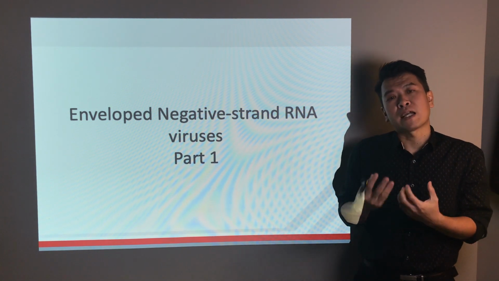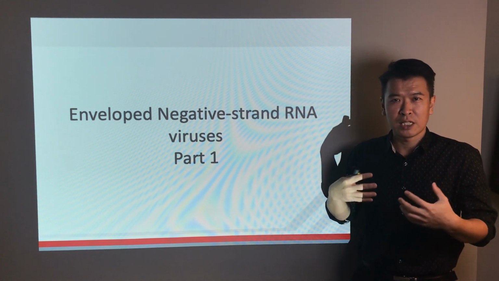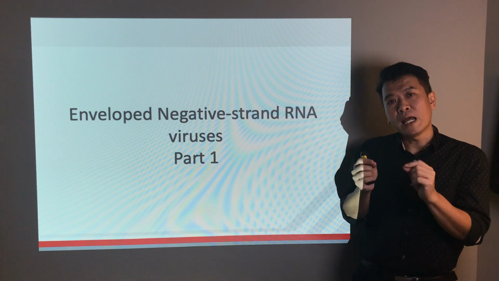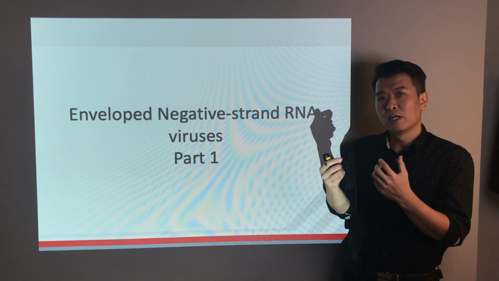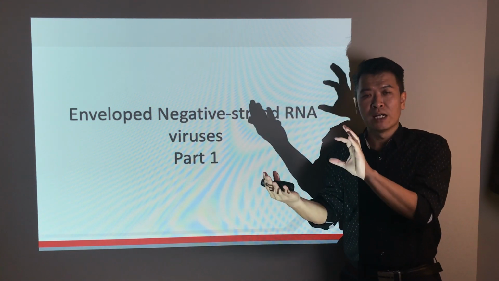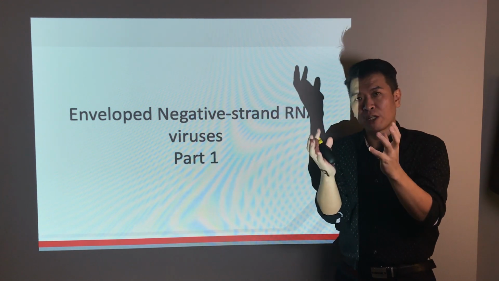Then we looked at the second part of the RNA viruses, which is the enveloped virus. We used dengue virus as an example to learn a more complicated virus than a naked virus, where the virus has an envelope surrounding the capsid.